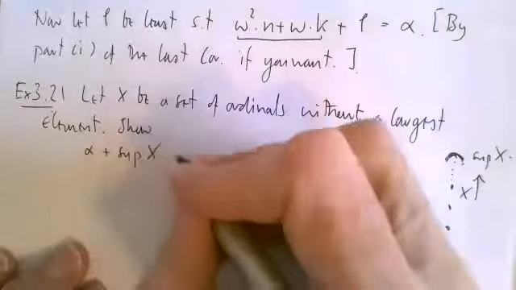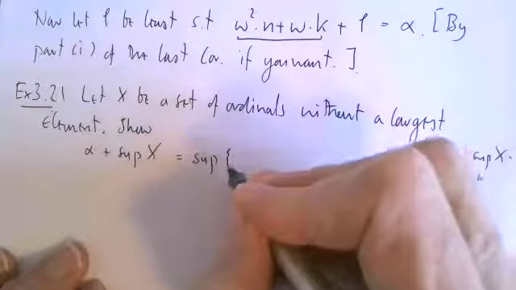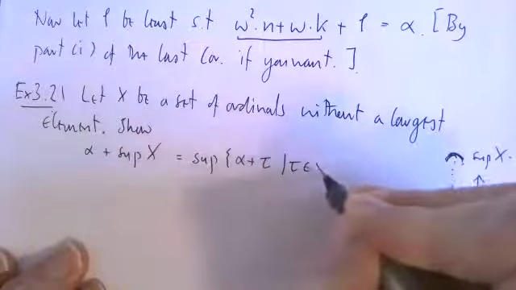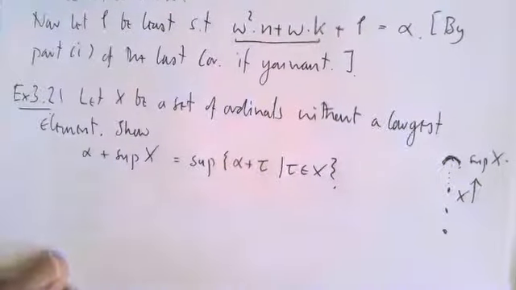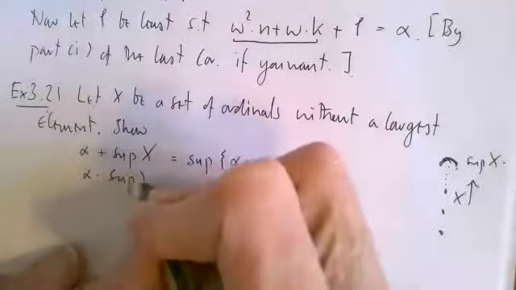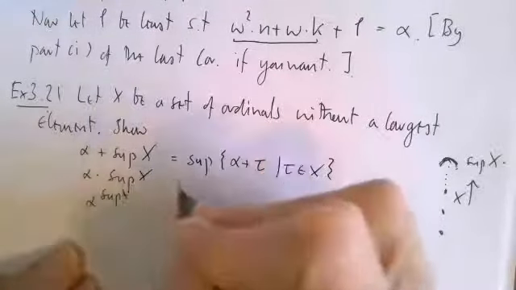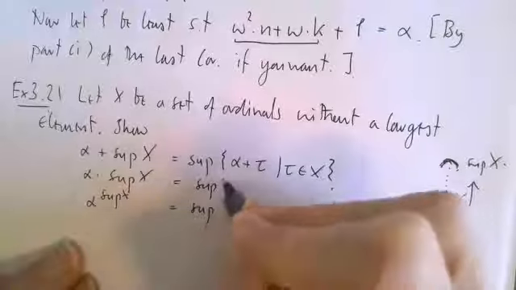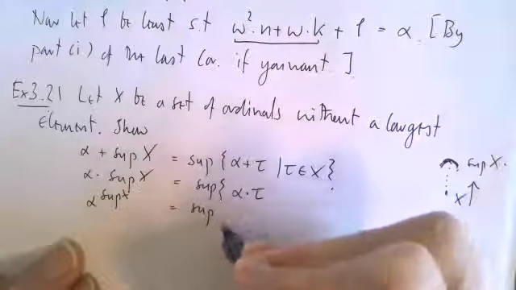Show that alpha plus sup X is sup X. There's no largest element in X, so the elements of X go unboundedly up below this least upper bound, sup X. So this is supposed to be the sup, or the least upper bound, of the alpha plus tau for tau in X. And similarly for the other operations: alpha times tau and alpha to the power tau.